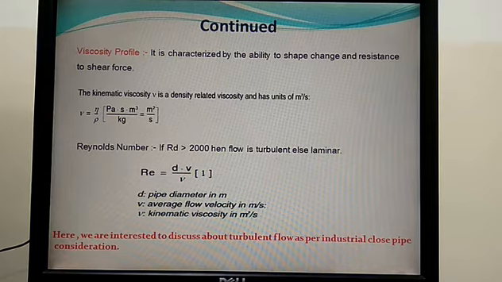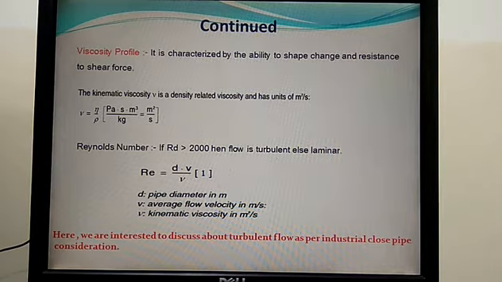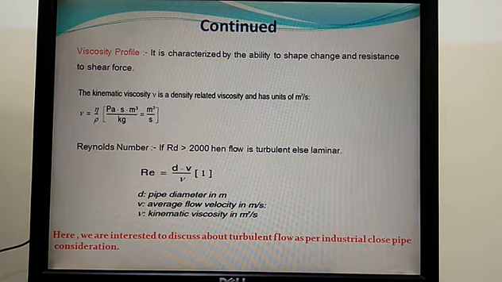And the most important factor by which a flow is decided whether it is laminar or turbulent is defined by its Reynolds number. If the Reynolds number is less than 2000, then the flow is laminar, else turbulent. The formula for Reynolds number is Re = diameter of pipe multiplied by average flow velocity divided by kinematic viscosity.